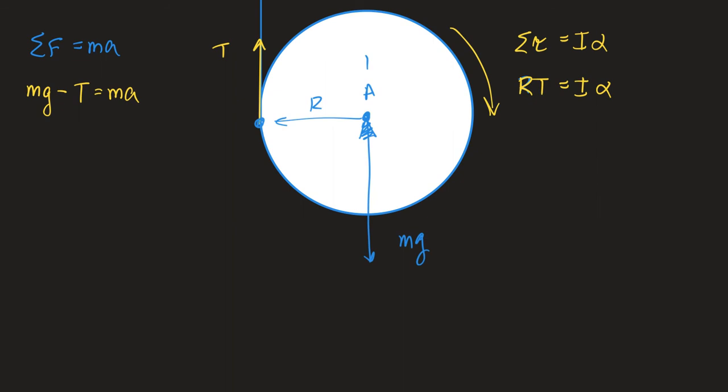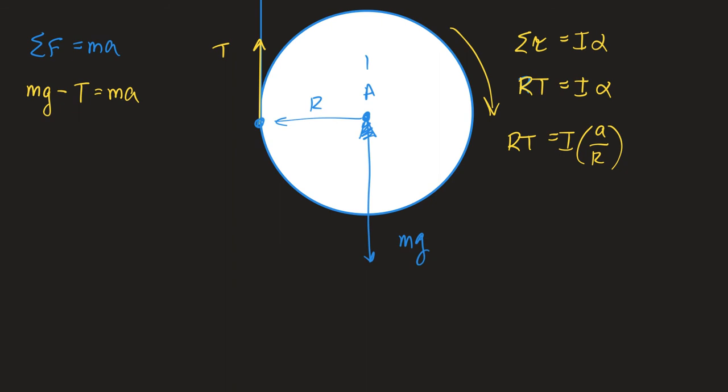Would you agree that the acceleration of the toilet paper going downwards is related to the angular acceleration of the toilet paper? One rotation of toilet paper equals one circumference of unrolled paper. Okay, so RT equals I times A over R. It's a ribbon disc.